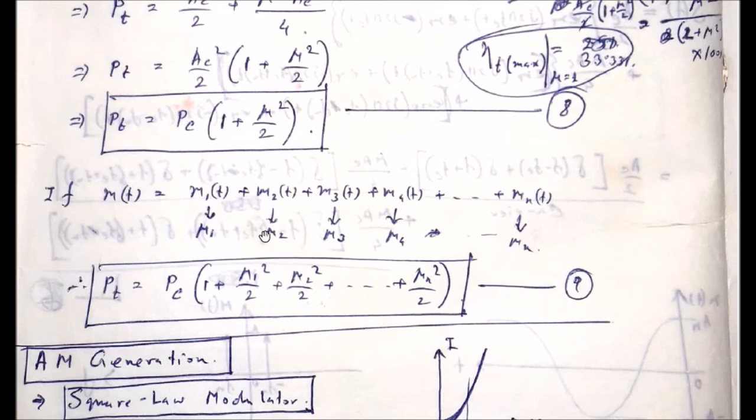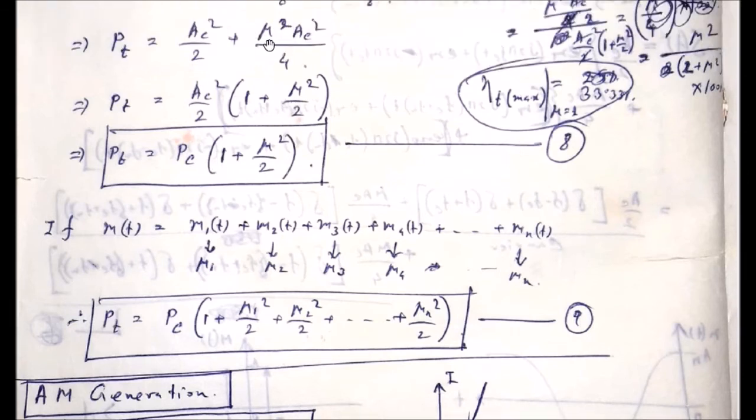If you want to find out the overall transmitted power, then you have to use this equation, because this is nothing but a linear modulation technique. So you can use the method of superposition here, and for each of these message signals M1T, M2T, M3T, there will be two sidebands, upper sideband and lower sideband, and together they will carry the amount of power PC multiplied by mu square AC square by 4.